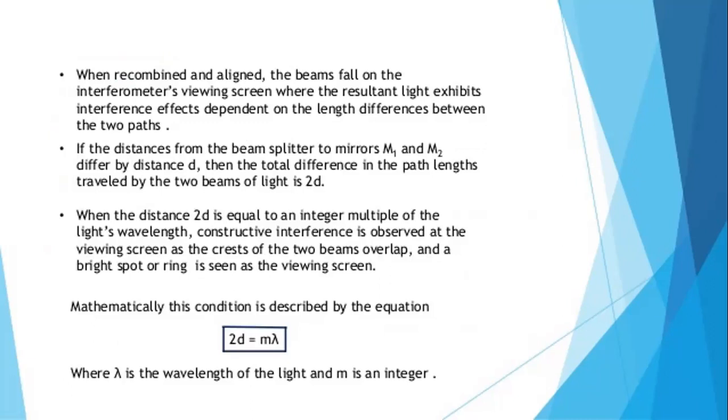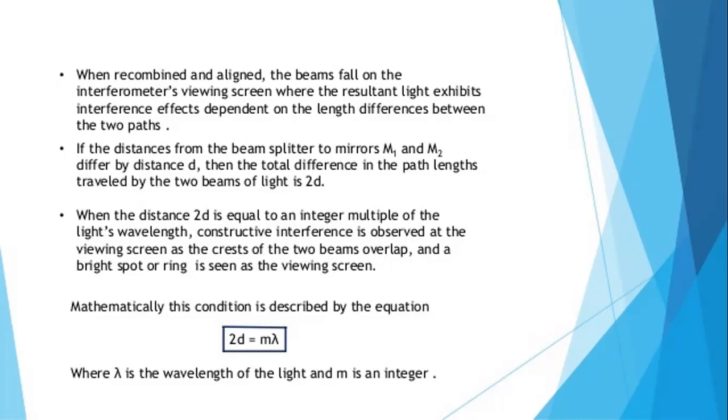So when the rays reflected from mirror 1 and mirror 2 come back to the beam splitter, we observe from the beam splitter. Next, if the two distances from the beam splitter to the mirrors M1 and M2 differ by a distance D, then the total difference in the path lengths traveled by the two beams of light is 2D.